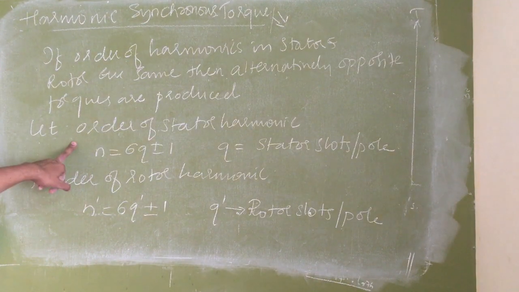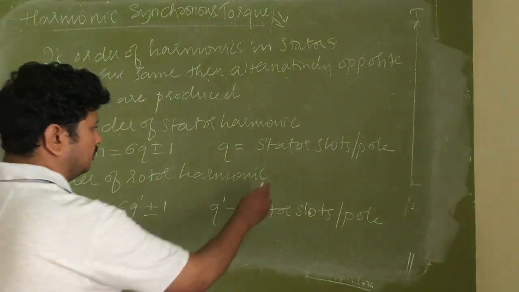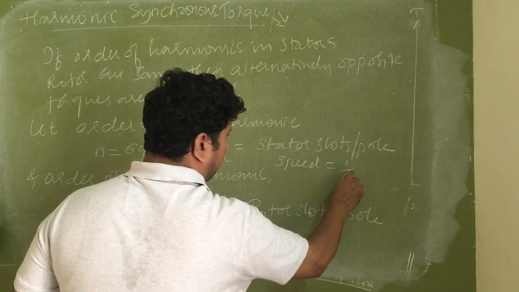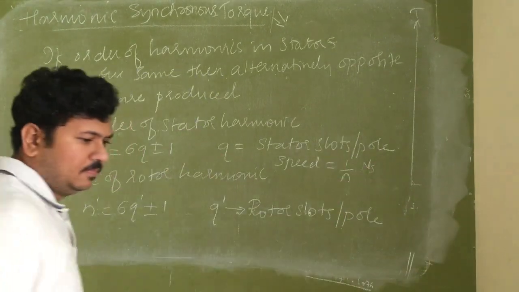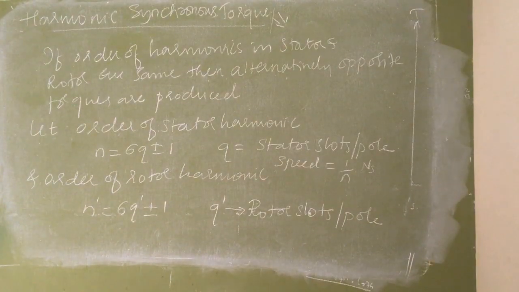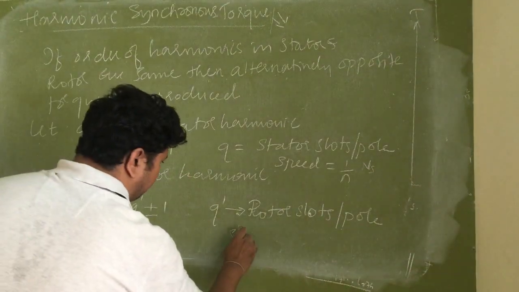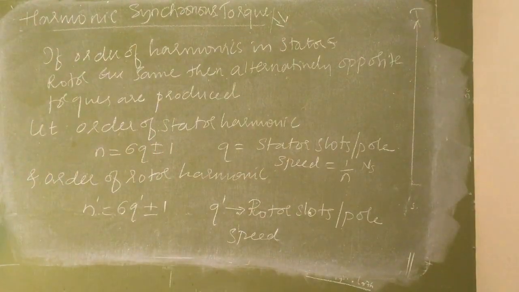So the speed at which stator harmonics rotate is 1 by n into ns. The speed at which rotor harmonics rotate, this speed is purely the harmonic speed, not the speed of rotor.